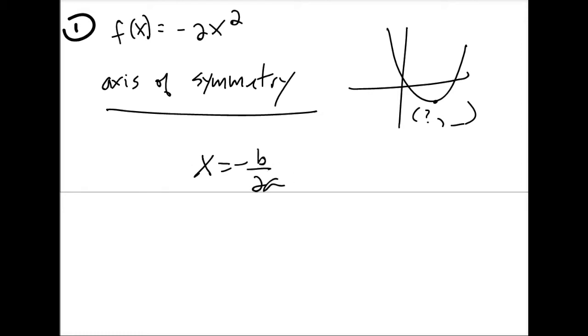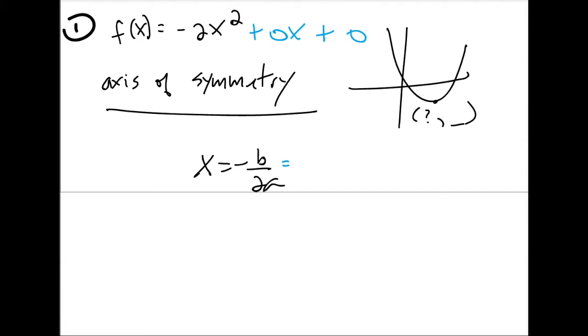Now, when you look at this problem, there's some things missing you have to know about. You need to know about that invisible 0 and that invisible 0 right there. So what is negative b? 0. Negative b is 0.